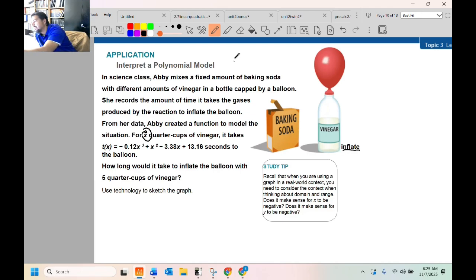So they tell you in the text, and that's really all this is about. It's about reading comprehension, that x is quarter cups. So the time of 5 quarter cups is just found by plugging things in. Nothing more. But of course, I know some of us struggle with the reading aspects.